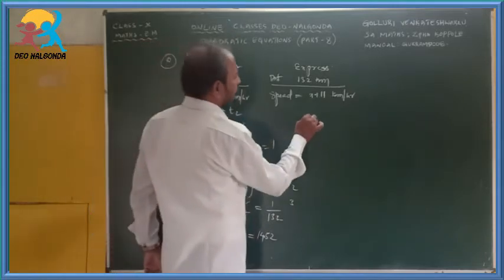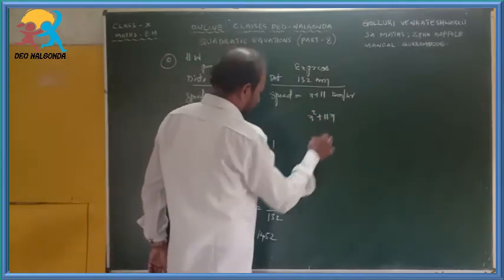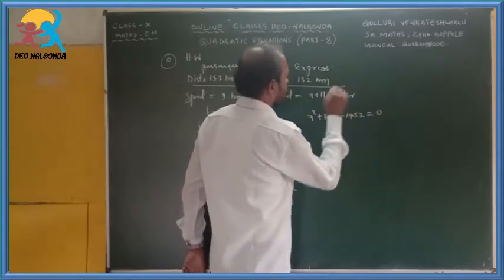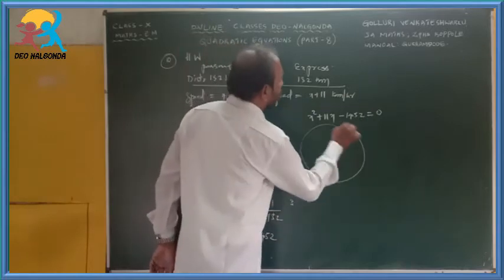So here x square plus 11x minus 1452 is equal to 0. Resolving into factors, you do it simply.